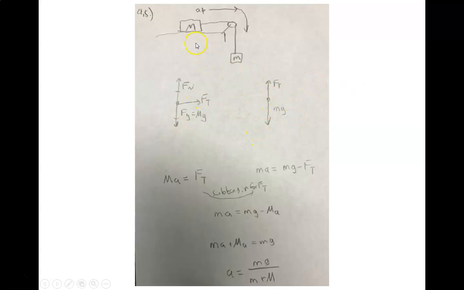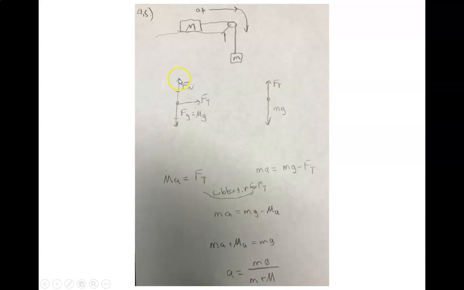So the first way, what we'll do is draw force diagrams for both the masses. And we're defining acceleration as positive in the way that the thing is going to move. So the big M is going to move to the right and little m is going to move down. So that's positive.